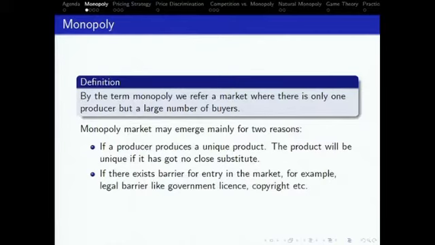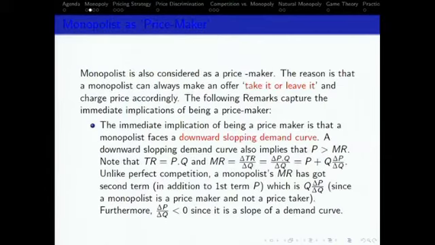Now, what the monopoly does is offer a take it or leave it deal. They are not the price taker, they are the price maker. Any price maker can always offer you take it or leave it. Take this water bottle.